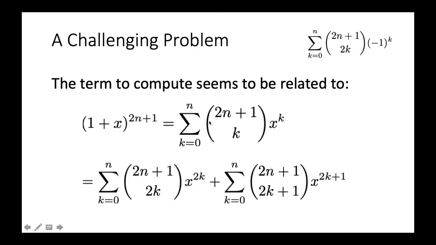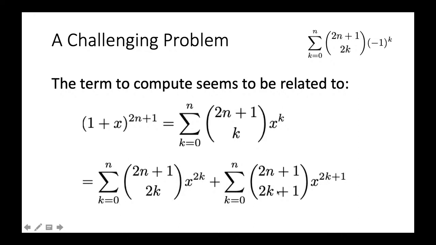But then this summation, you can separate into two parts. One part looks at the even powers of x, and the other looks at the odd powers of x. So the even powers are (2n+1 choose 2k) multiplied with x^(2k). And because we want to have even terms, we have already 2k here, so k will now range from 0 to n.